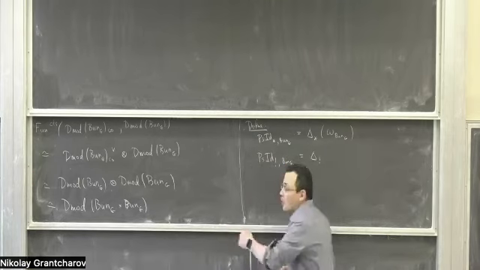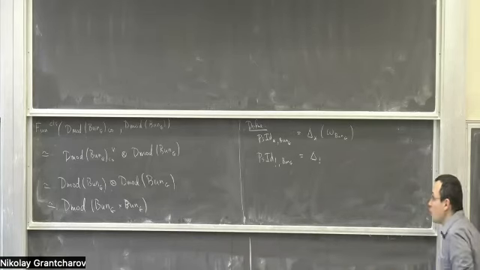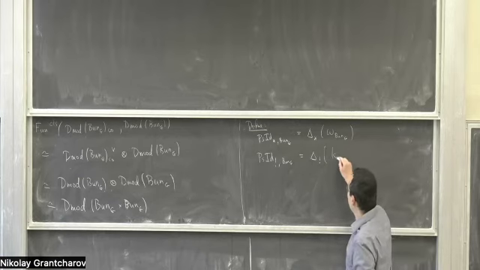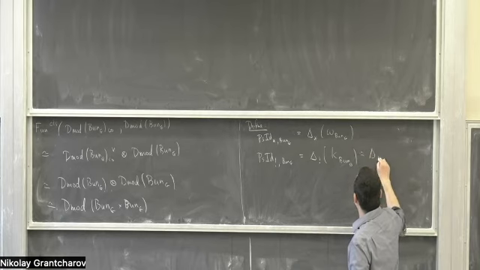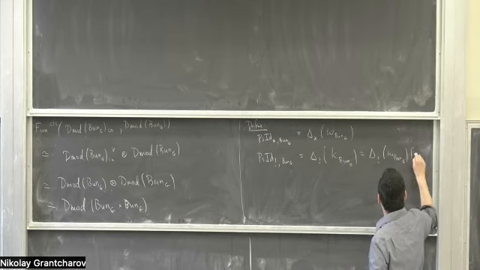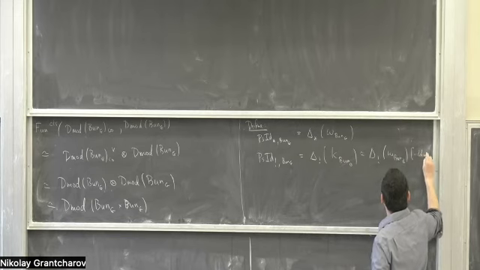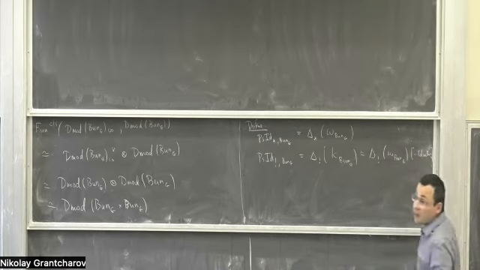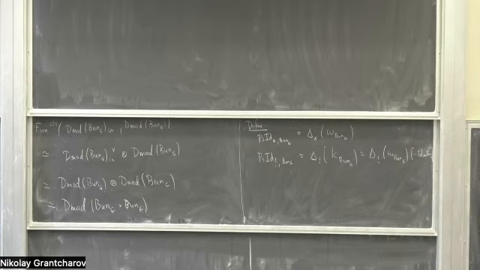By the way, notice that because BunG is not separated, lower star and lower shriek are different functors of the constant sheaf. BunG is smooth, so the difference between the constant sheaf and the dualizing sheaf is just given by a shift, twice the dimension.